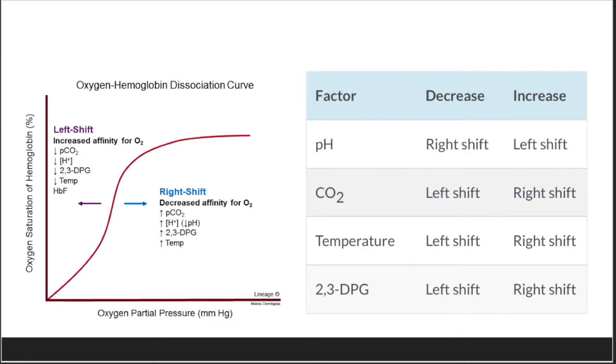When we're looking at the oxyhemoglobin dissociation curve, we're looking at the partial pressure of oxygen and the oxygen saturation of hemoglobin. Typically, we're not able to get those numbers unless we have an ABG or some labs. But you can always look at your saturations via pulse oximetry.